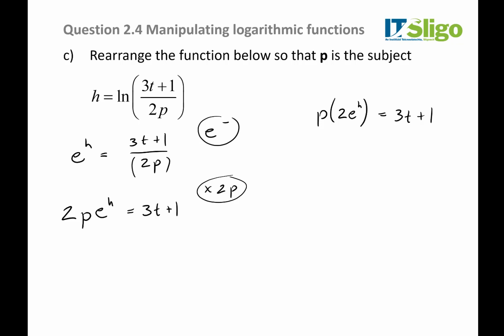And now I've just rearranged because now I can get rid of everything inside the brackets by division. So p, I'm going to divide both sides by 2e to the h, and we get p is equal to 3t plus 1, all divided by 2 e to the power of h.